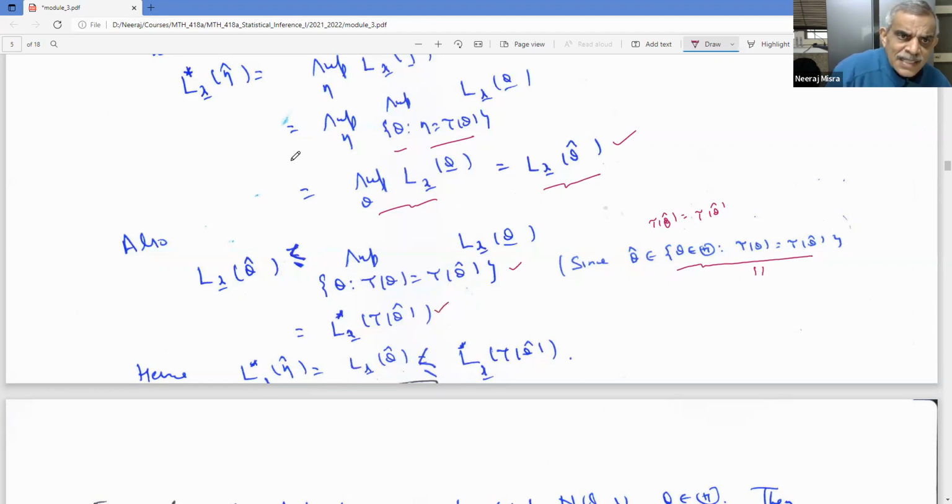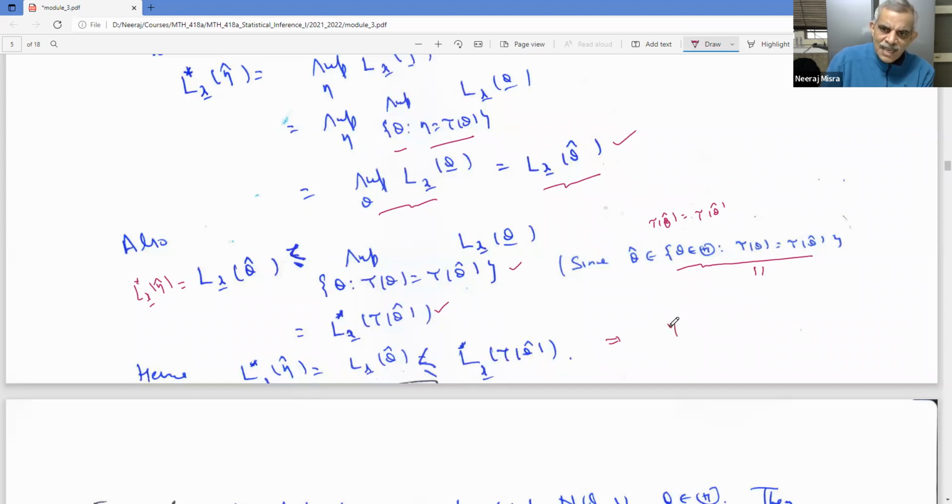But Lx theta hat is the same as Lx star eta hat. So what you get is, in fact, this is the same as Lx star eta hat by the previous step. So Lx star eta hat is less than or equal to, which is the same as Lx theta hat, is less than or equal to Lx tau theta hat, which says that, since this maximizes the likelihood function, the other inequality is always true.